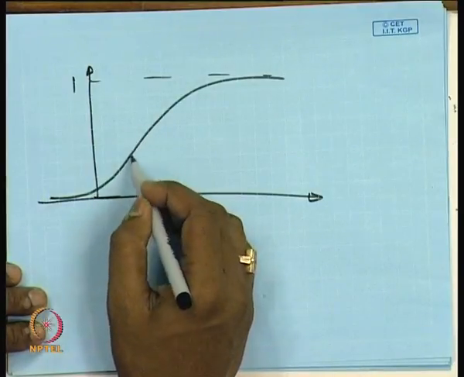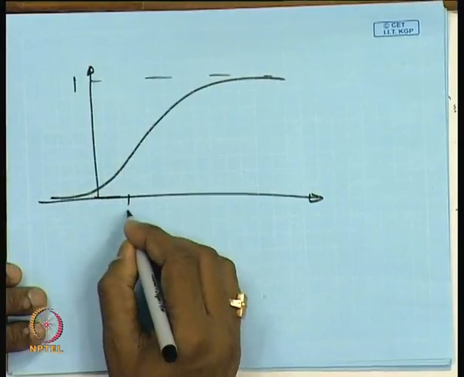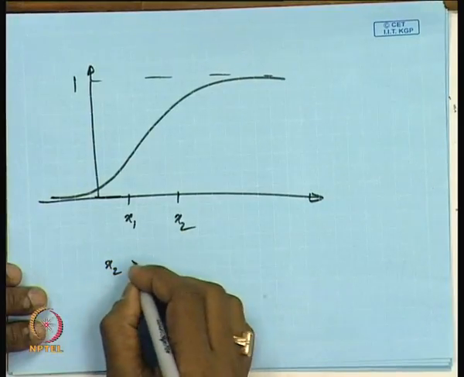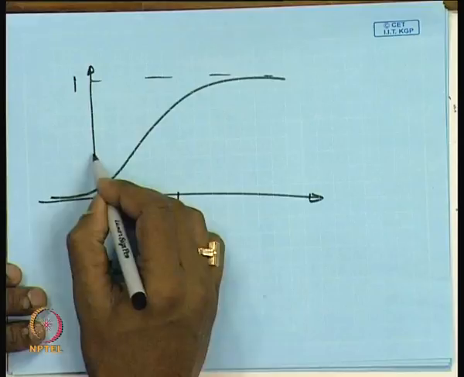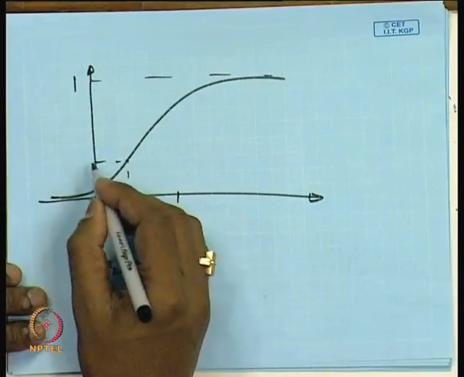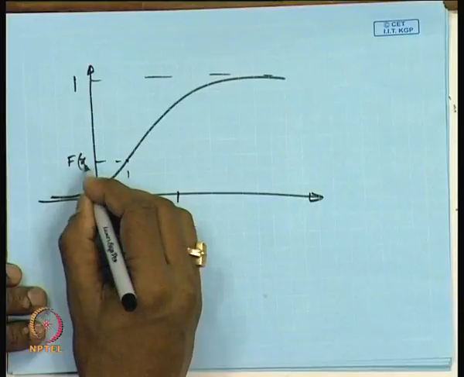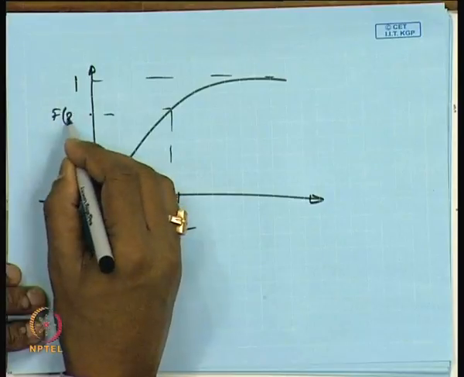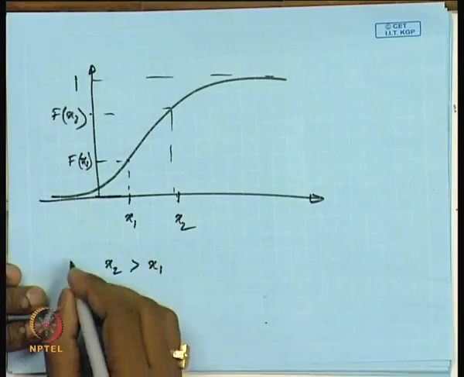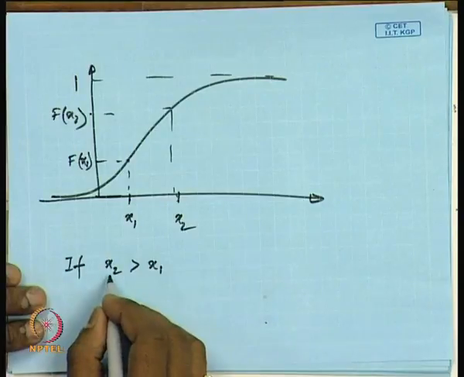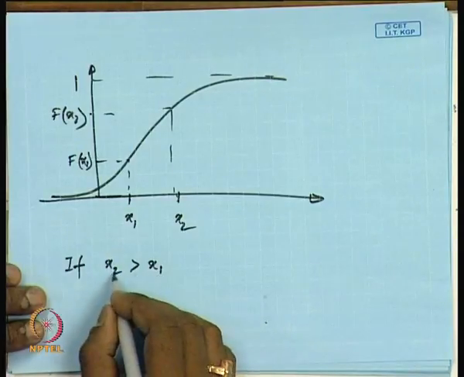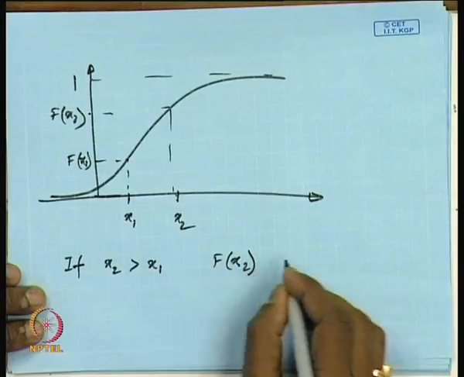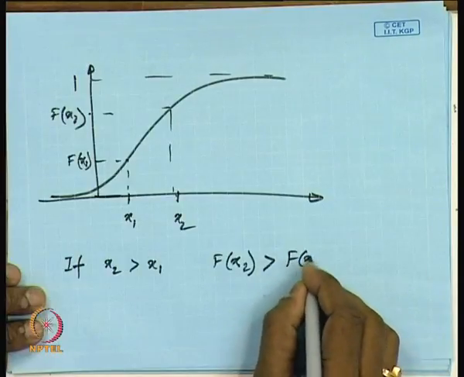So non-decreasing means, if this is your say x1 and this is your say x2, and we can say that x2 is greater than x1, then these values, that is f of x1 and f of x2, we see that if x2 is greater than x1, then f of x2 is greater than f of x1.